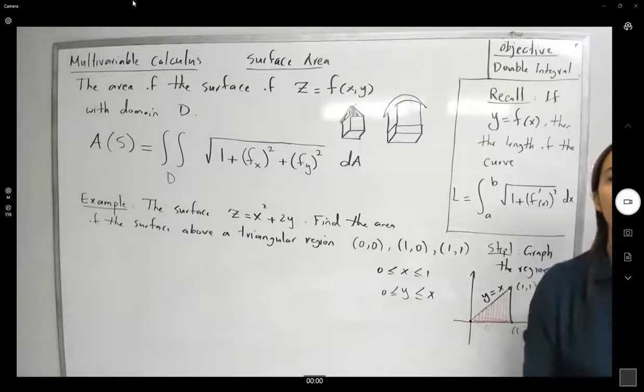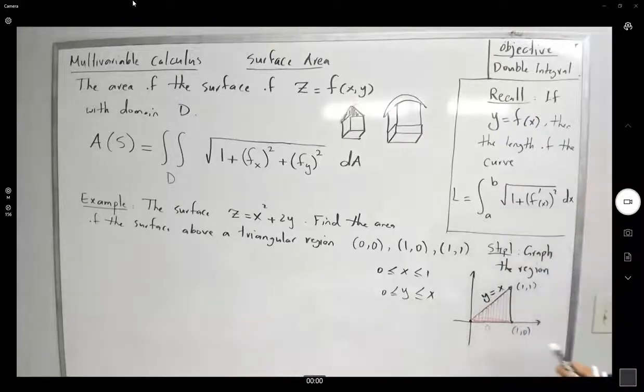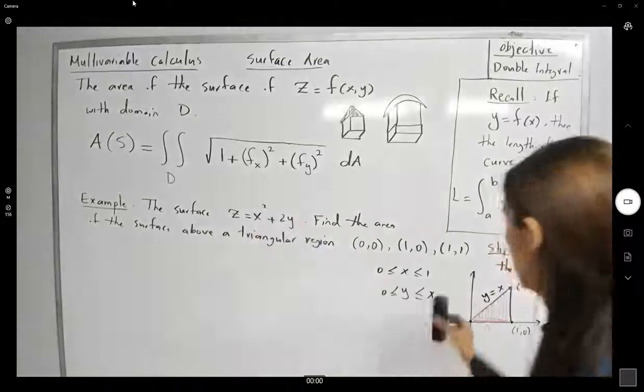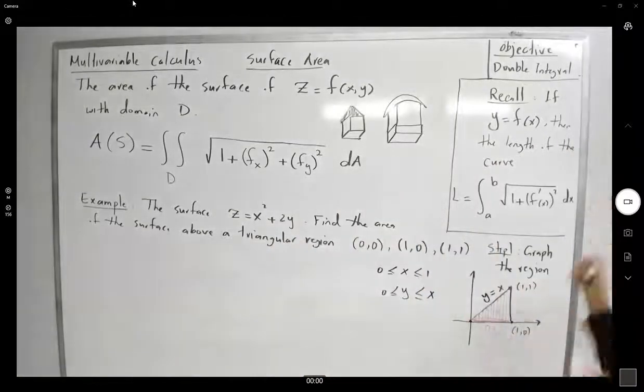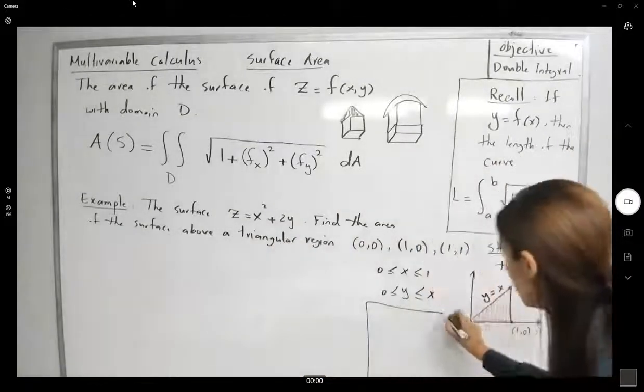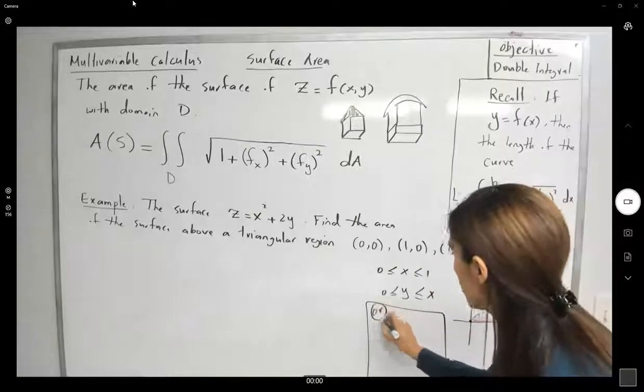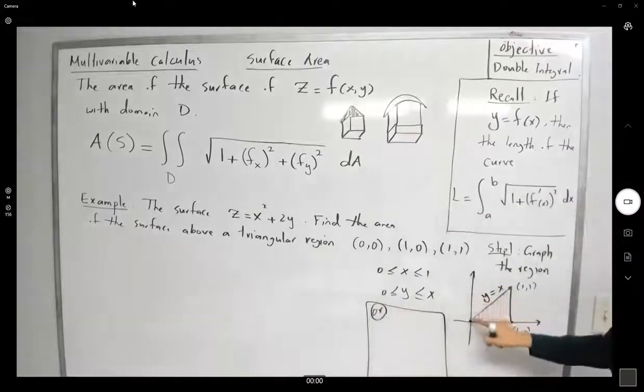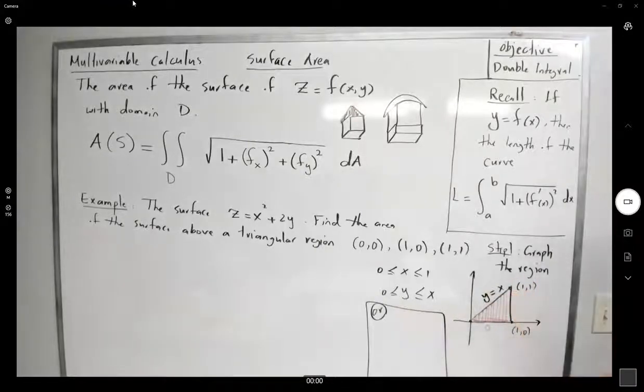Or you might say, hey, I want to fix my y. Let me use a different color. You might say that my y is bounded between 0 and 1, then I'm going to squeeze my x from left and right.